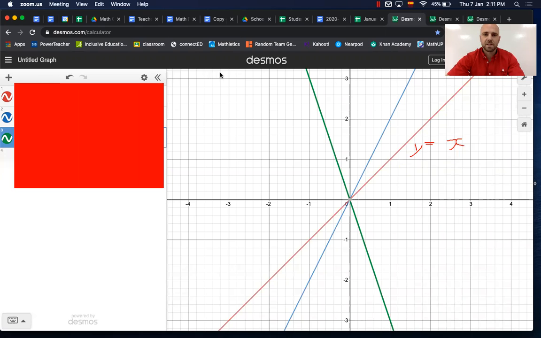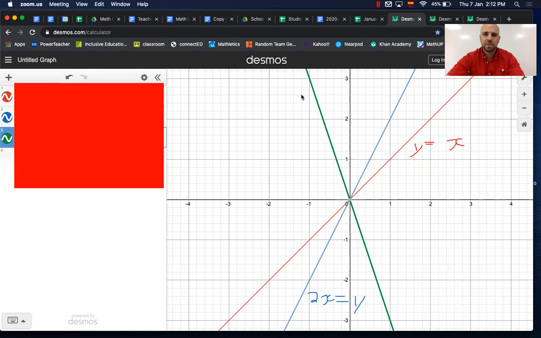Now, if I move on to the blue one, as I see that it moves over 1, it's going up by 2. So my numerical coefficient is going to be positive 2x, so y equals 2x. Doesn't matter which way I write it.